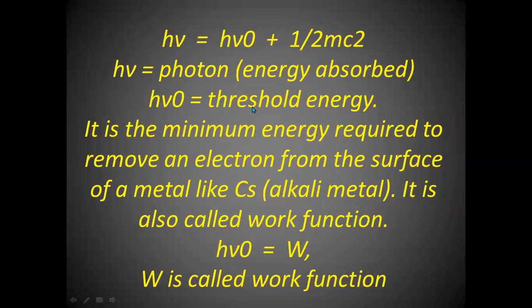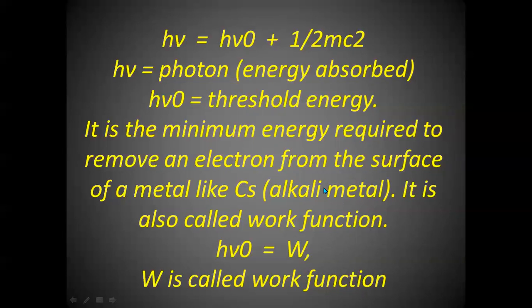So every metal has its own threshold energy. It depends on the metal only, and the photon, which is called incident or striking, should possess greater energy than this threshold energy. So threshold energy is defined as the minimum energy required to remove or eject an electron from the surface of a metal like cesium or any alkali metal.